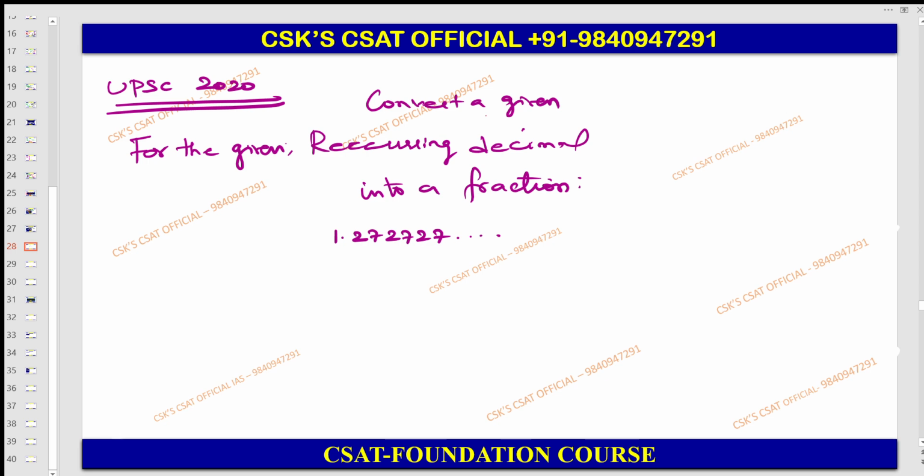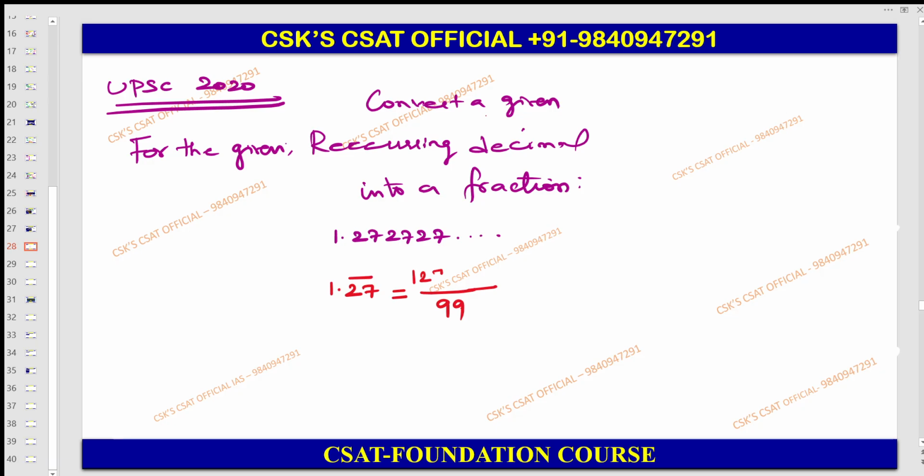Nasria gave the simplest form. Okay, good. Yes, good. So this is nothing but 1.27 bar. How can you write? 99 will be there in the denominator.